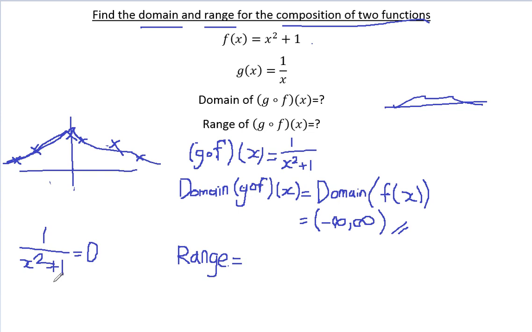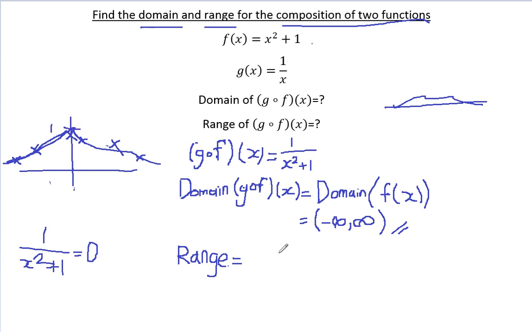I can see here that I have no values of x, so the output value cannot be equal to 0; it must be more than 0. And when x is more than 0 or less than 0, the output value is less than 1. As you can see here, this is 1.